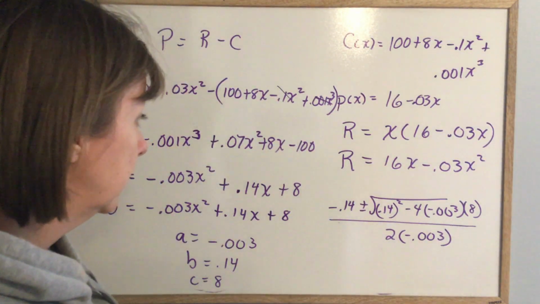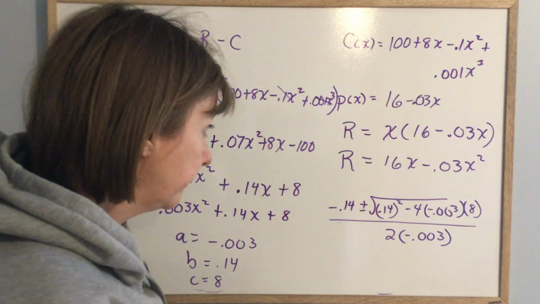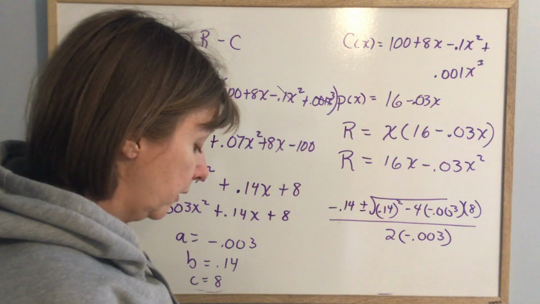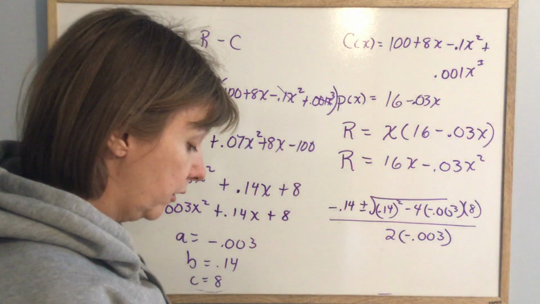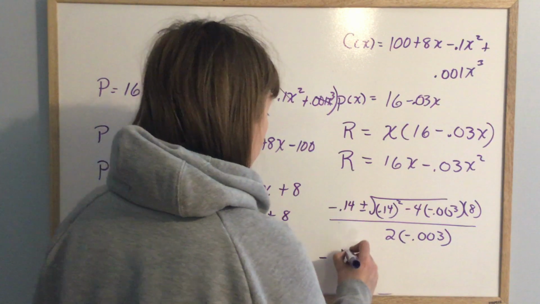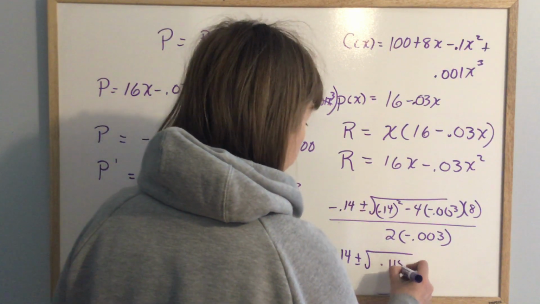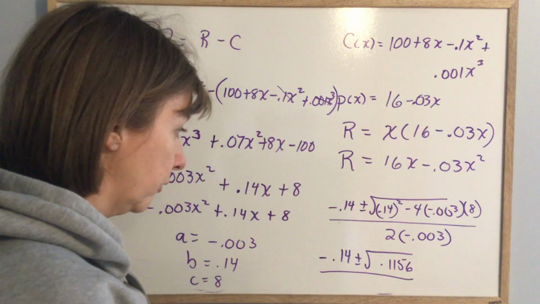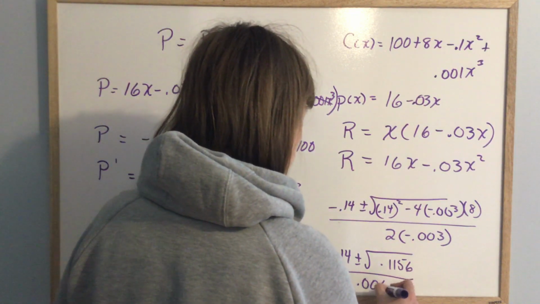So 0.14 squared plus 0.003 times 4 times 8. So I get negative 0.14 plus or minus the square root of 0.1156 all over 2 times negative 0.003, which is negative 0.006.